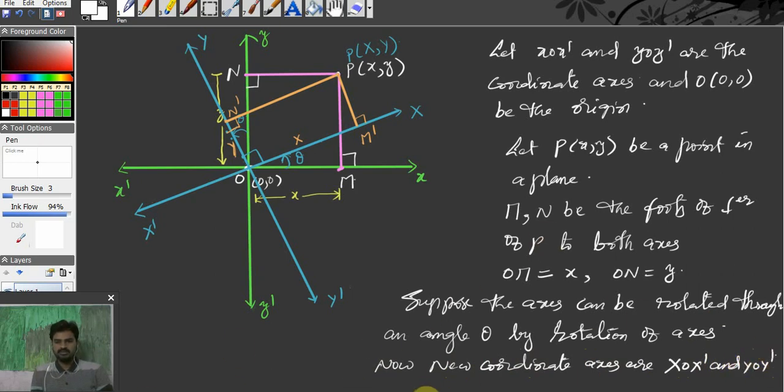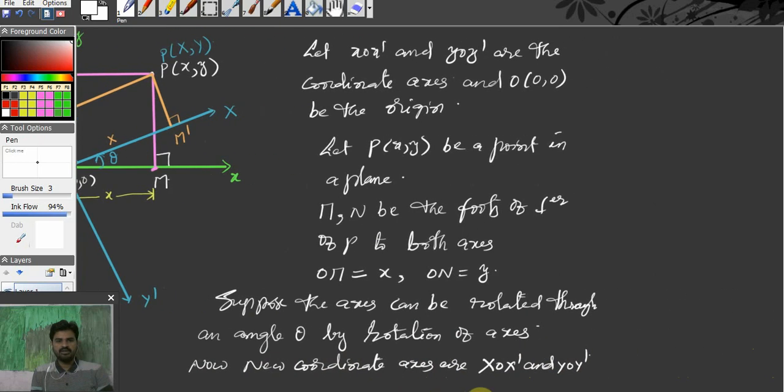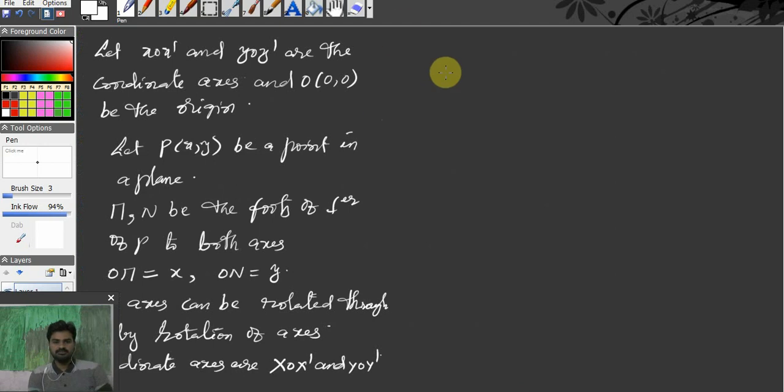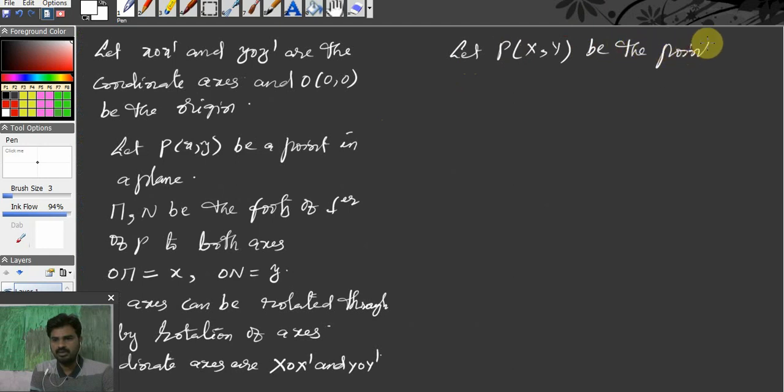Now this is about the coordinate axes. Next, let capital X comma capital Y be the point in the new system.